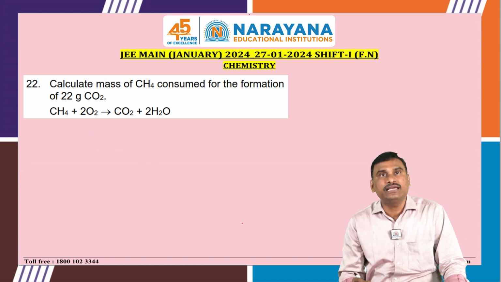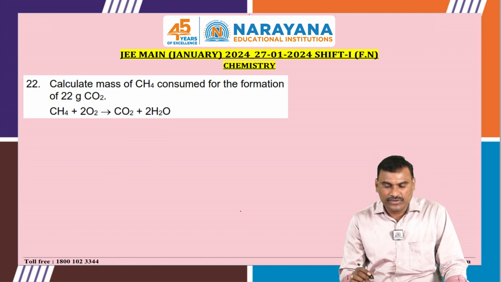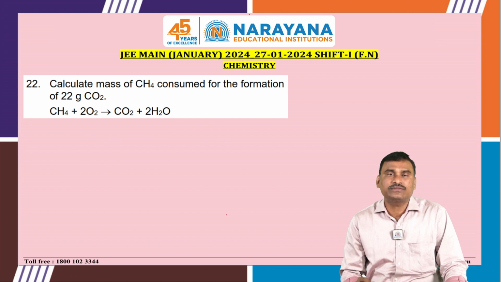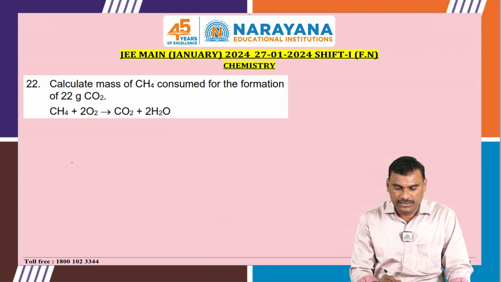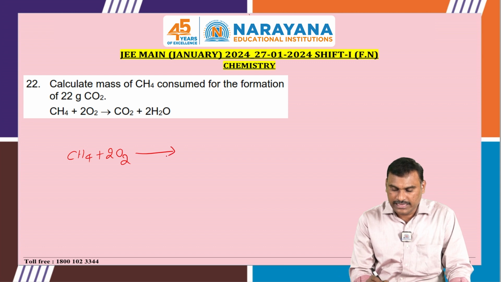Calculate the mass of methane consumed for the formation of 22 grams of CO2. The question is related to the stoichiometric equation, with the balanced chemical equation for methane giving carbon dioxide plus water.